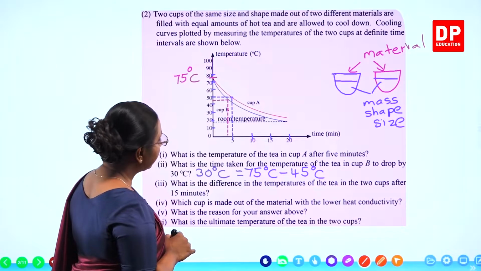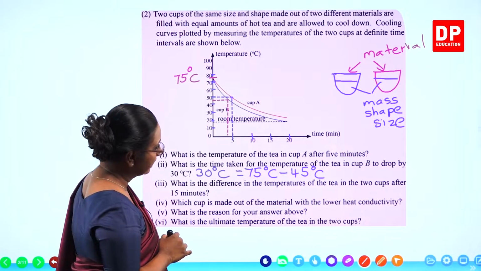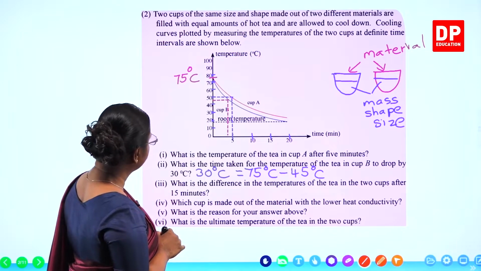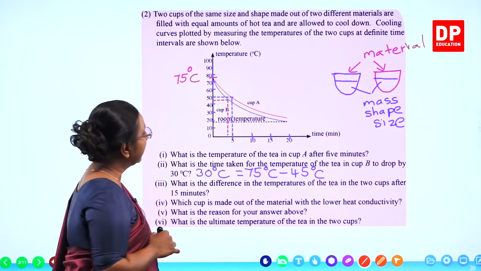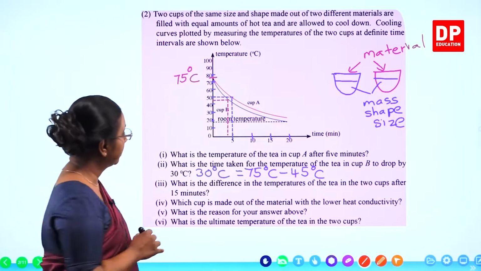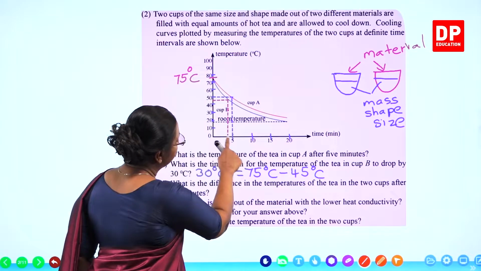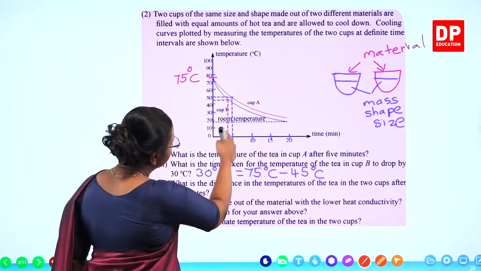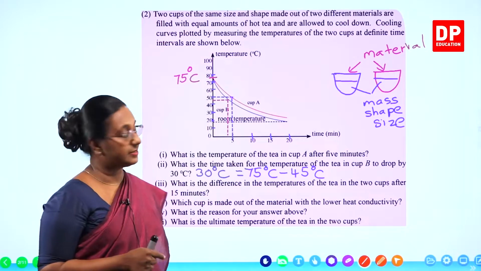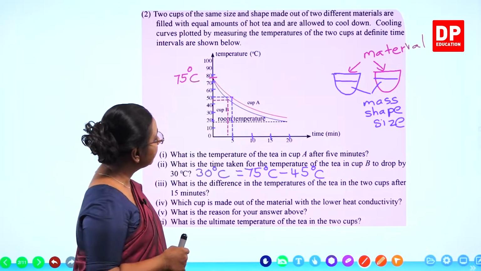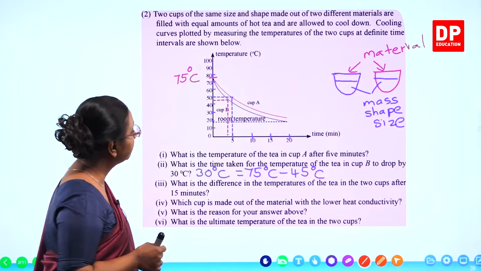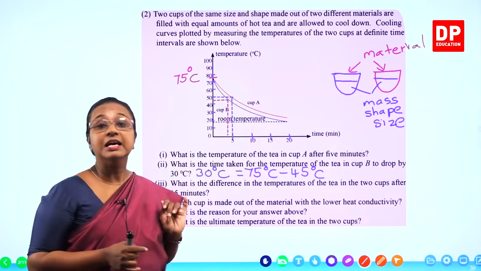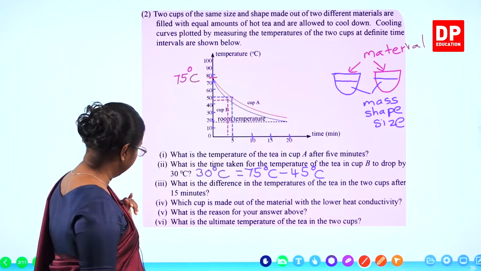What is the time taken for the temperature of the tea in cup B to drop by 30 degrees Celsius? It is going to be less than 5 minutes. Here again students, we have not separated this. It's almost like 4 minutes. If you divide this into 5 parts, you can see it's almost like 4 minutes. So we can take the time period as 4 minutes.